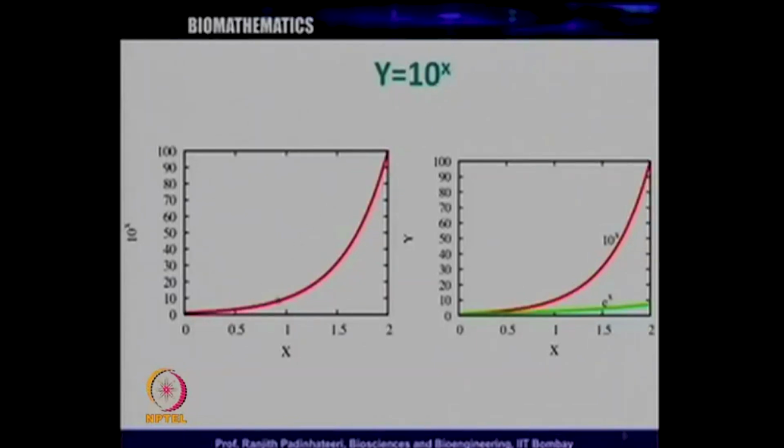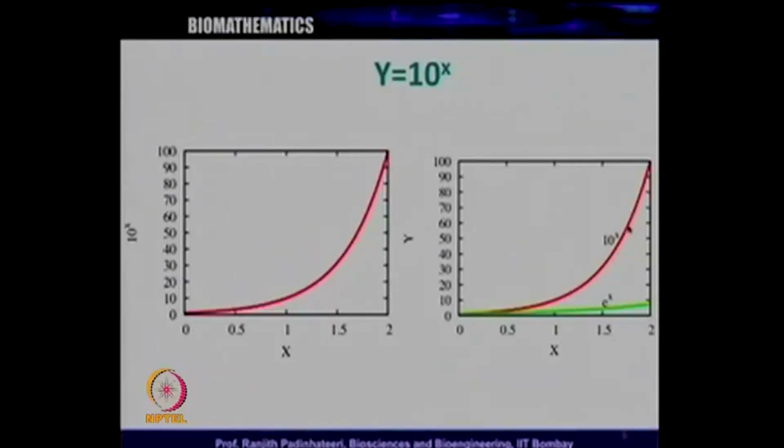This increases very rapidly, as you can see here: as x went from 1 to 2, the y went from 10 to 100. So, this is increasing much faster than e power x. What is plotted on the right hand side is a comparison of 10 power x and e power x.